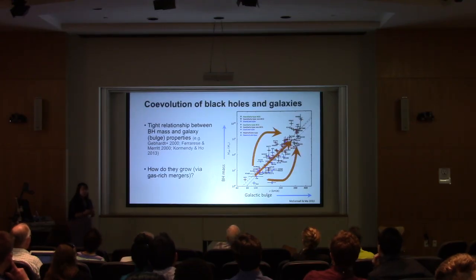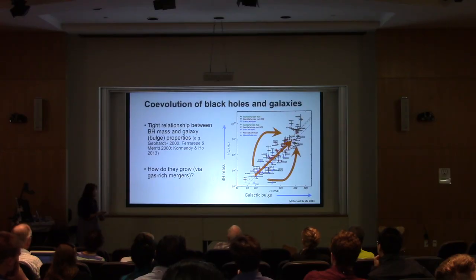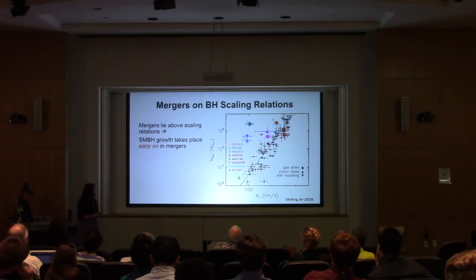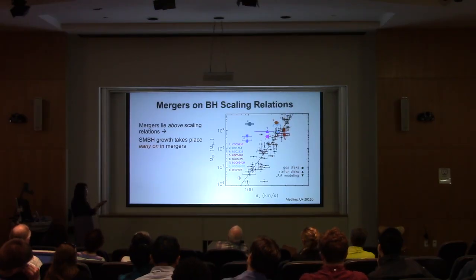But the question that we're interested in asking is actually how do they grow? If black holes grow inside these mergers, do they actually grow linearly, or is it a case where the black holes grow first and then the stellar bulge catches up, or vice versa? When we put our galaxy mergers on this plot, we found that they actually lie on top of or above the scaling relation. This suggests a few things, but the simplest suggestion is that maybe supermassive black hole growth takes place early on in mergers.